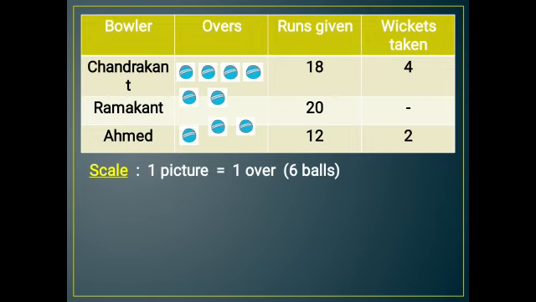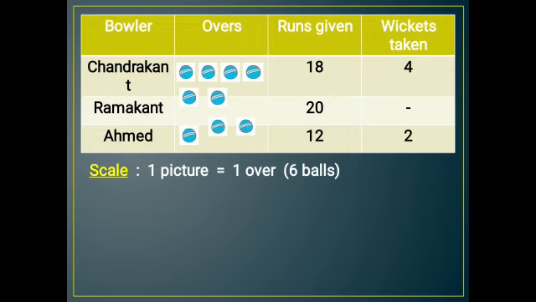So here there are four columns, that is bowler, overs, runs given, wickets taken. The first bowler is Chandrakant, second is Ramakant, and third is Ahmed. Instead of giving numbers for how many overs they have bowled, they have given pictures of the ball.